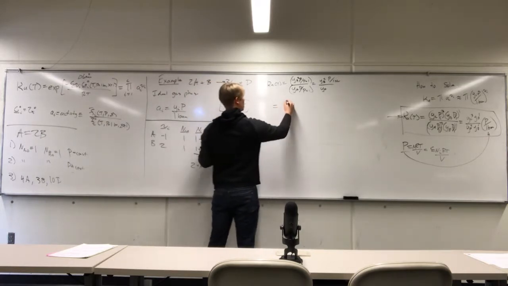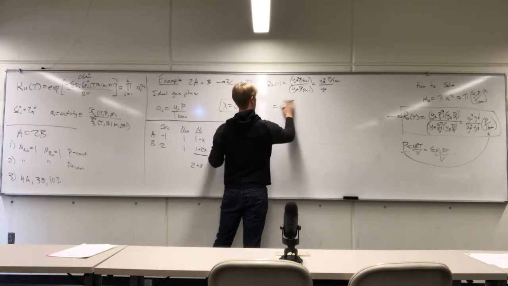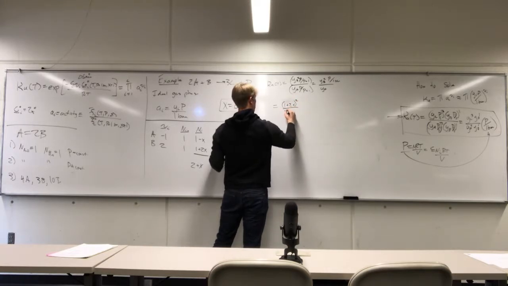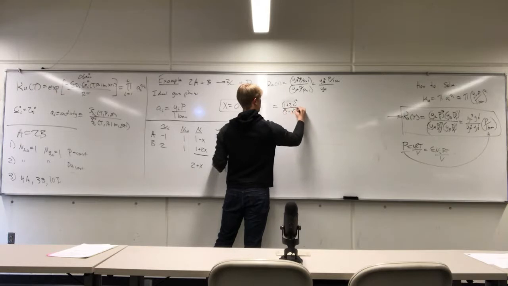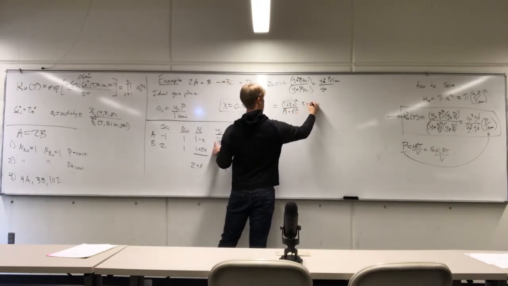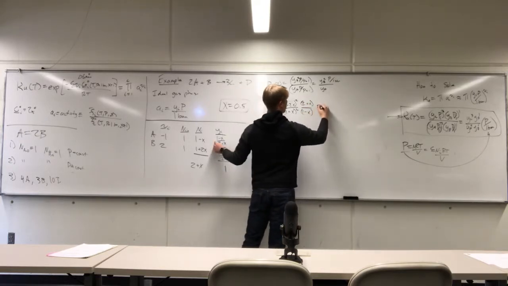So for B, sorry, my bad, it is 1 plus 2 times the extent squared over 2 plus the extent squared. And then for A, we have 2 plus the extent over 1 minus the extent multiplied by the pressure divided by 1 bar.